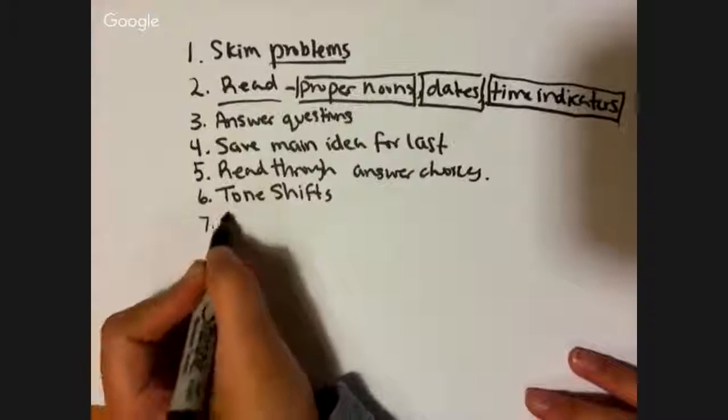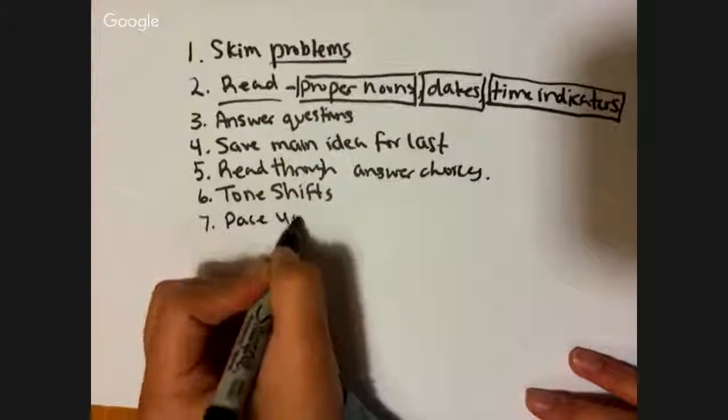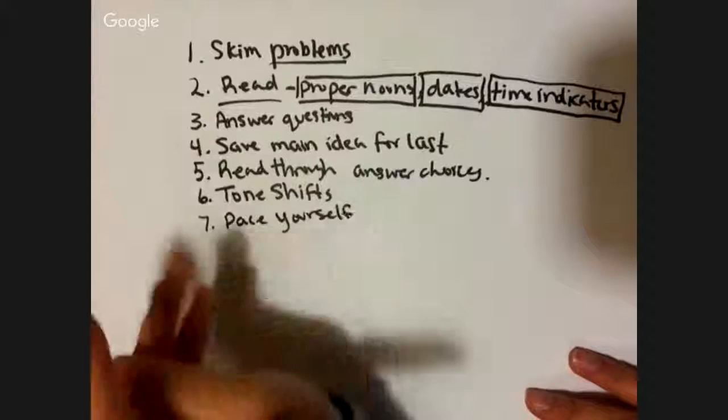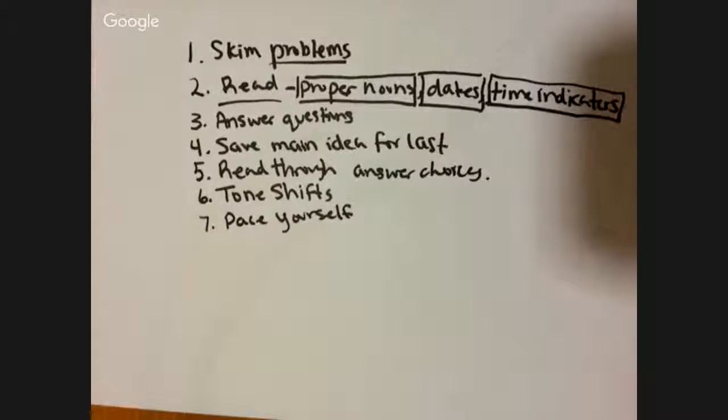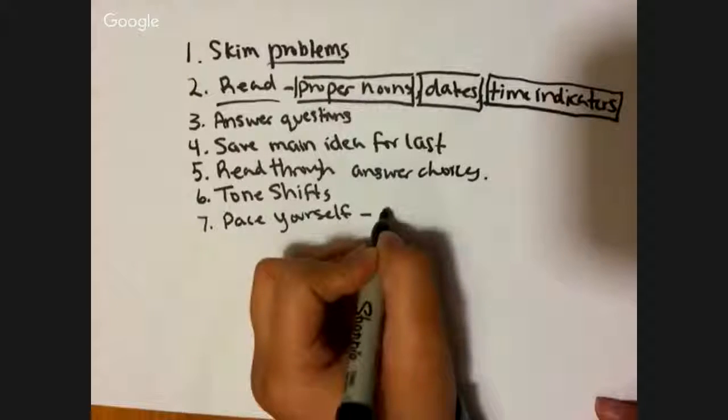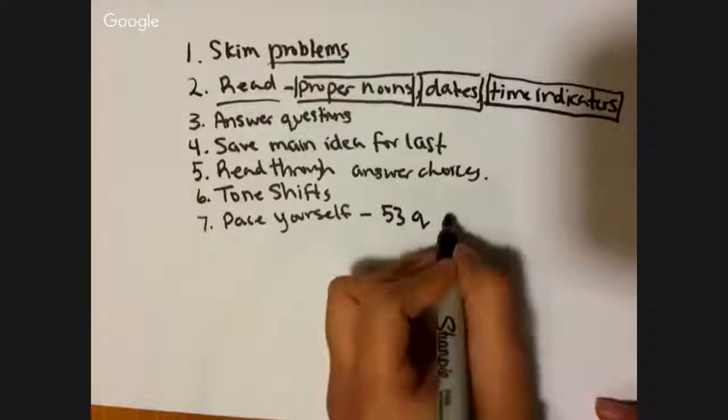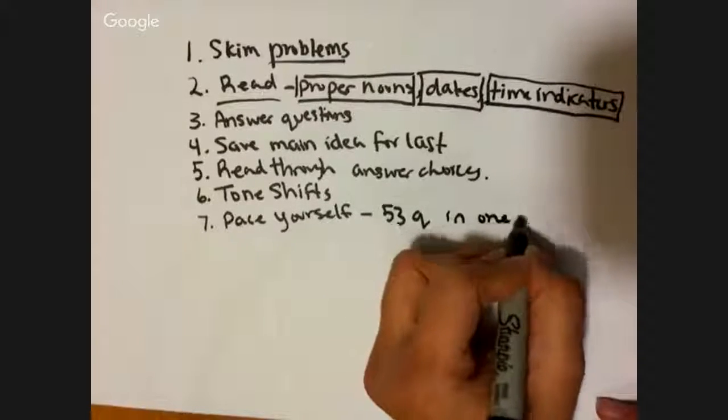Number 7, you will want to pace yourself. In the old SAT, these sections were broken up into small chunks, 25, 30 minutes about. This new one is 53 questions in 1 hour.